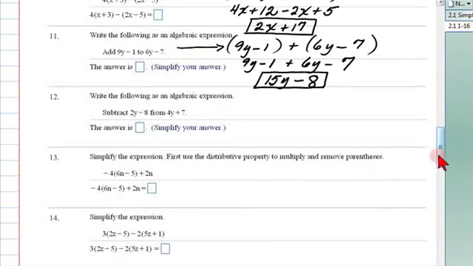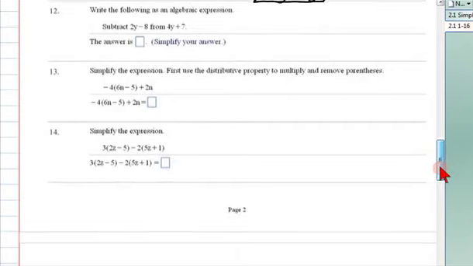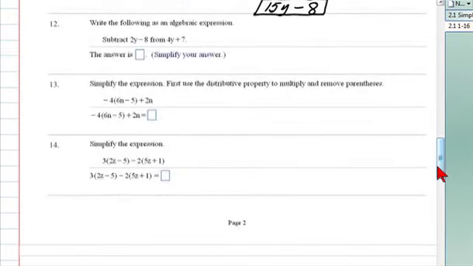Okay, let me scroll. This is problem number 12. And it says to subtract 2y minus 8 from 4y plus 7. Now, my X students might remember that the phrase subtract from is, what did I call it?